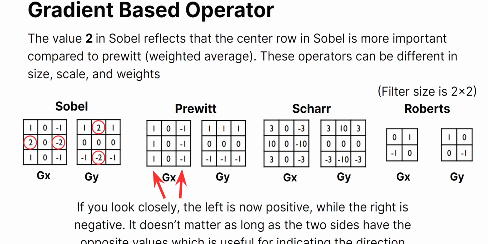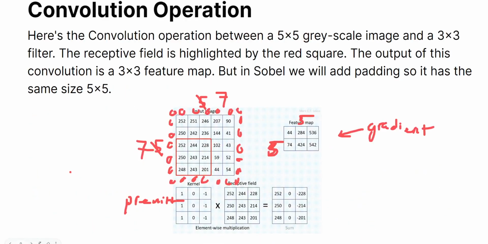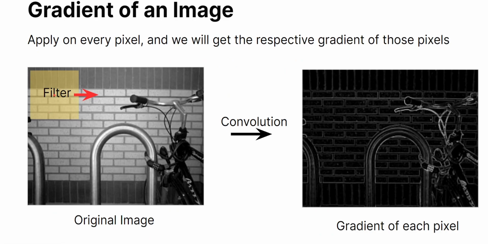Let's talk about the number 2 again. The number 2 in the Sobel reflects the center row in the Sobel, so it is saying that this value, like 2 and minus 2, is more important than the rest of these values right here. If we look at these examples, this is 2, this is 2, this is 2.